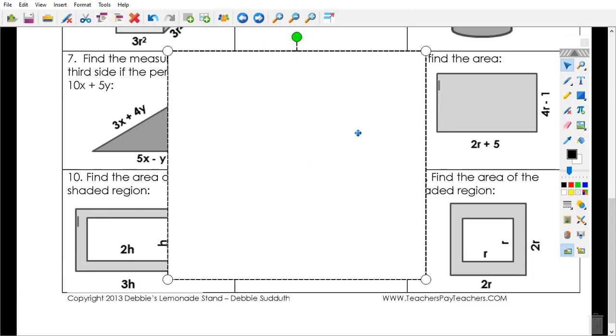Yep. Yes, you do. Okay. You do need to do FOIL. Number 9, the area of the rectangle. So you've got 2r plus 5 and 4r minus 1. Not bad, right? What do you need to do? Wait, man, I'm still solving.